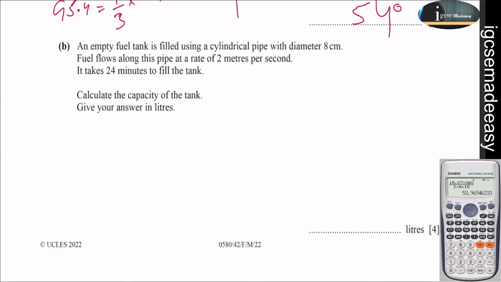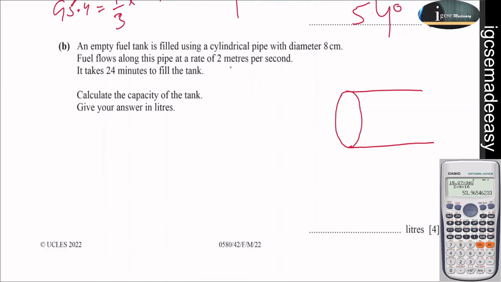Part B. An empty fuel tank is filled using a cylindrical pipe that has a diameter of 8 cm, and the flow rate of the pipe is 2 meter per second.